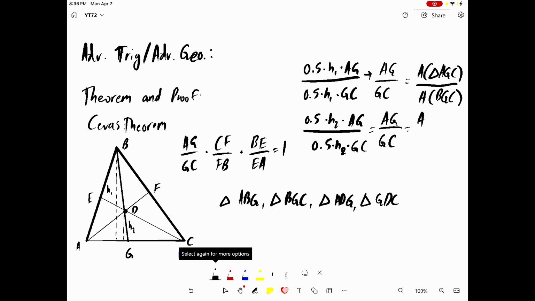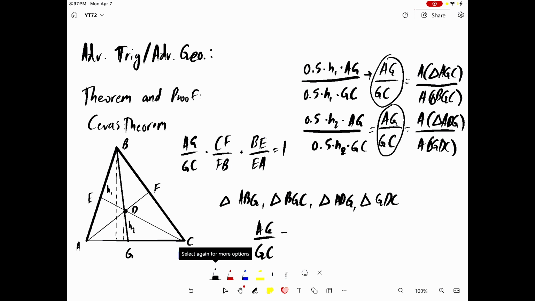This, of course, is equal to the area of ADG over the area of GDC. Now we see that these two values are equal, because AG over GC is of course equal to itself.